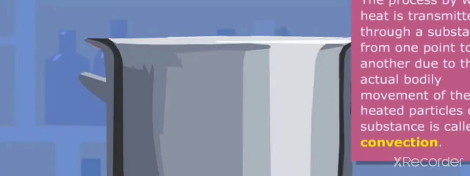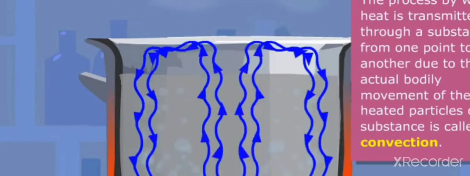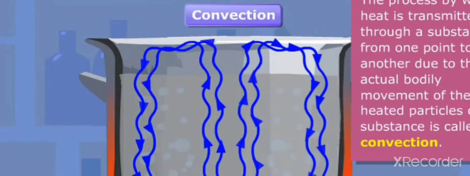The process by which heat is transmitted through a substance from one point to another due to actual bodily movement of the heated particles of the substance is called convection. So convection of heat takes place in fluids, that is liquids and gases, and involves the movement of matter from hot region to cool region.